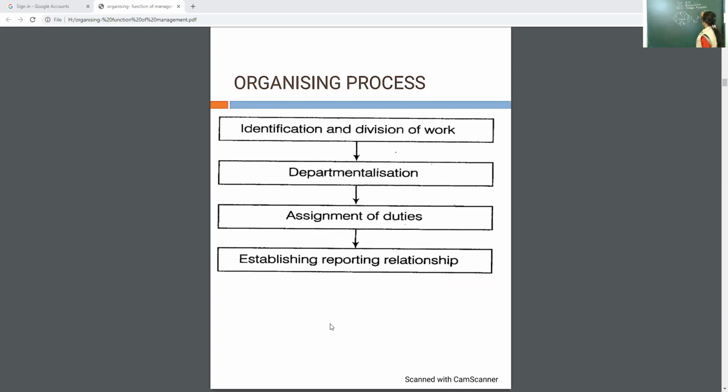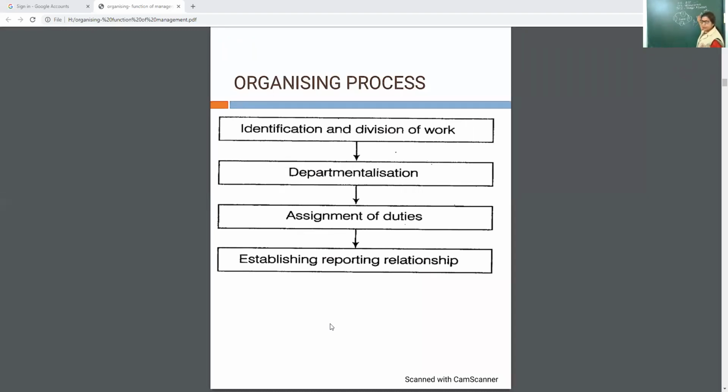I, D, A, E, this is the process of organizing. So there are various ways to present the answer, but this is my request to you. In the process, you have to follow the proper steps. Don't skip or change any step. So you have to make your keyword according to the steps. First I, identification and division of work.